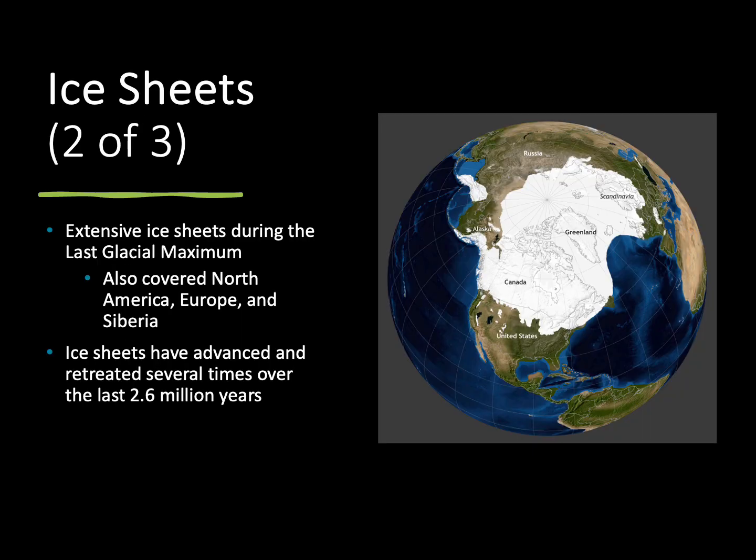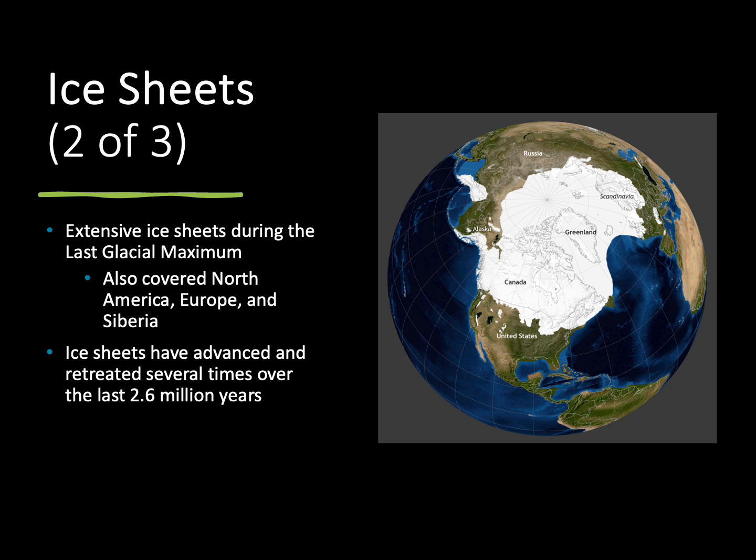Today, the two largest ice sheets are in Greenland and Antarctica, but it hasn't always been that way. During the last glacial maximum, or the last time we had a whole lot of glaciers on our Earth, around 20,000 years ago, there were massive ice sheets that covered most of our northern hemisphere.